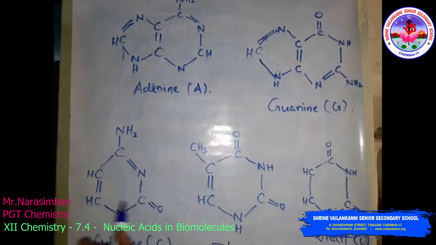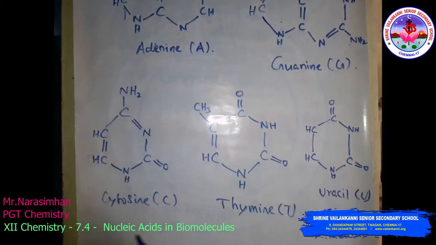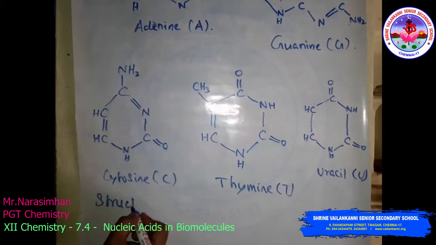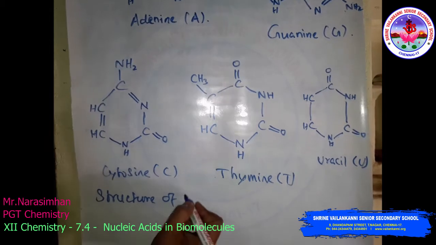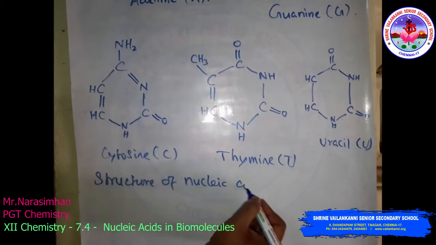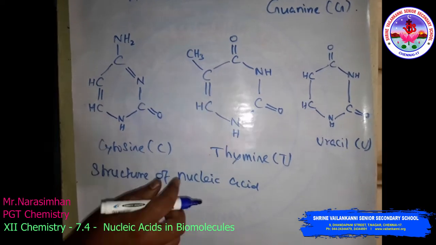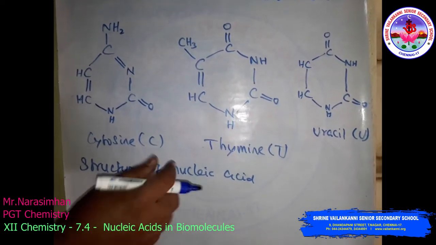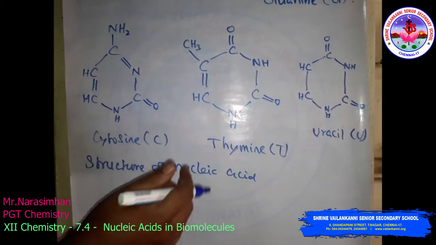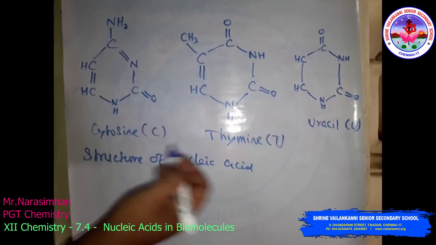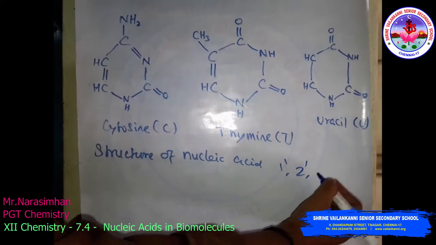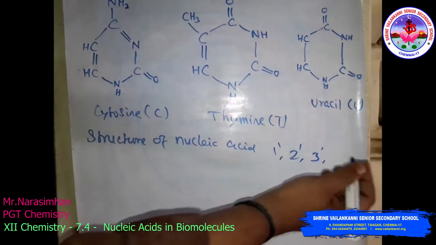Then the structure of the nucleic acid. The base is at the 1 dash position, and the sugar carbons are numbered 1 dash, 2 dash, 3 dash, 4 dash, like this.